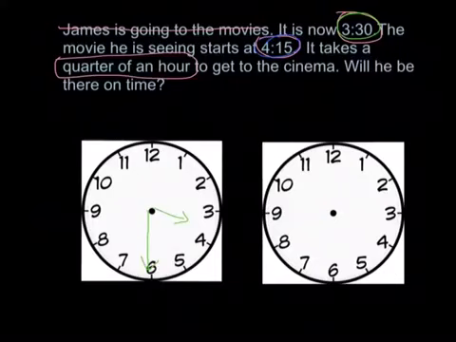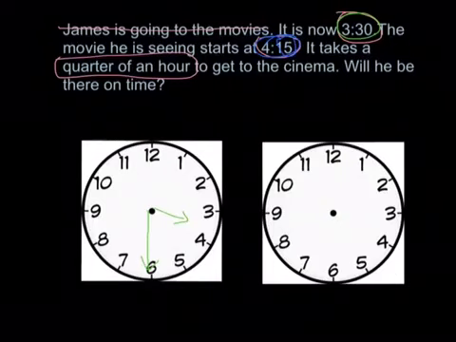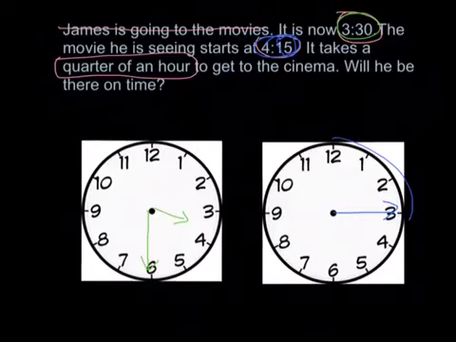So I'm going to use this next bit of information and draw it on the second clock I have here. So 4:15, we know that this 15 means it's a quarter past. So that means the hand has moved a quarter of the way around the clock, and it's 4:15. So the hour hand is just past the 4.